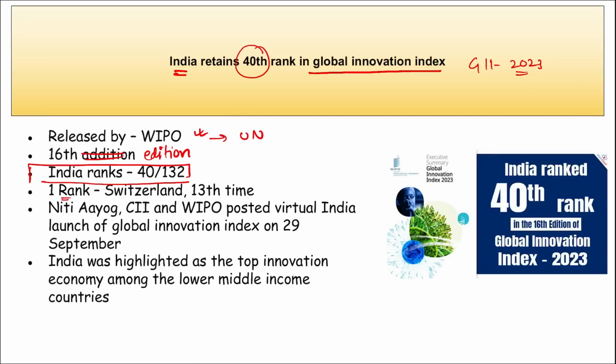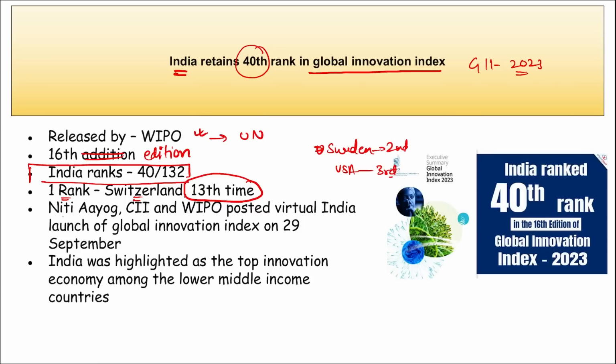Then which country secured the first rank? It is Switzerland and it is for the 13th consecutive time that we are seeing that Switzerland secured the top position in this Global Innovation Index. It was followed by Sweden on the second position and USA on third position.